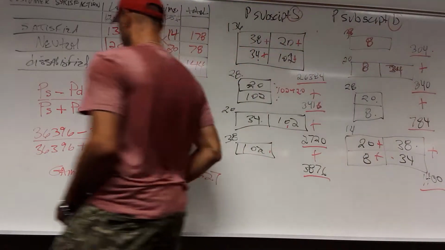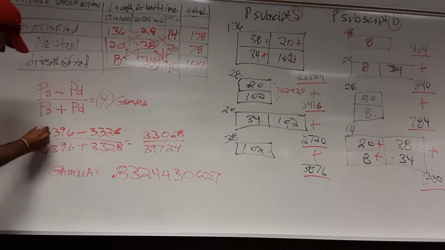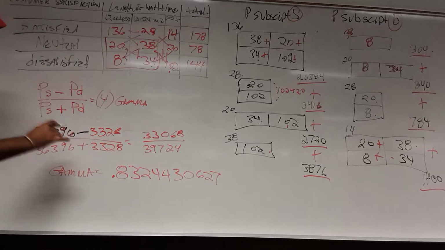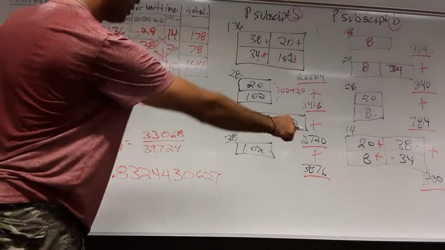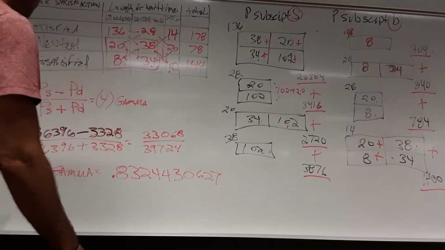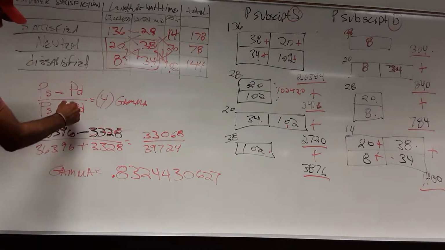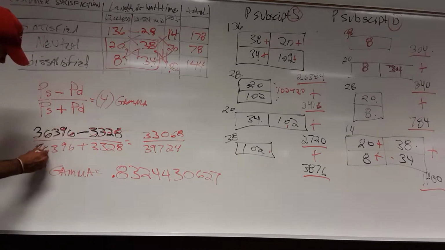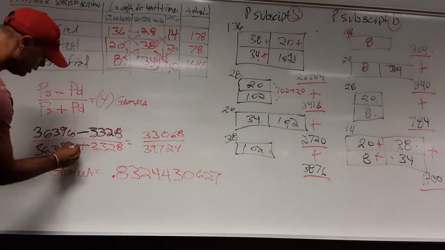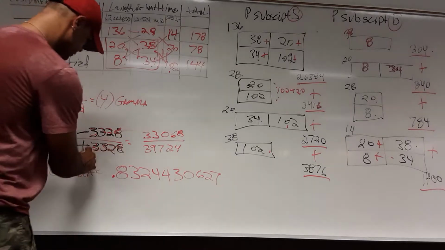Now we have P subscript S, which was 36,396. Now we subtract P subscript D. We add all those, and we get 3,328. So that was the top portion. Now we go to the bottom, which is P subscript S plus P subscript D: 36,396, which we already have, plus, instead of minus, the same P subscript D, which is 3,328.